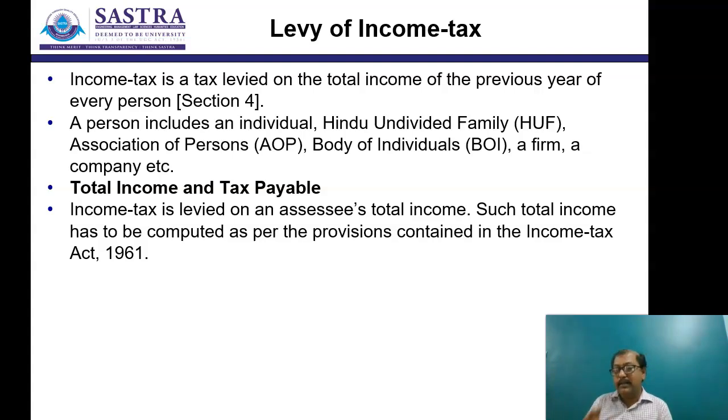The Income Tax Act has defined the total income and how to arrive at it. According to the provisions given in the Act, the total income has to be computed, and accordingly, upon the total income, the total tax payable will also be defined.